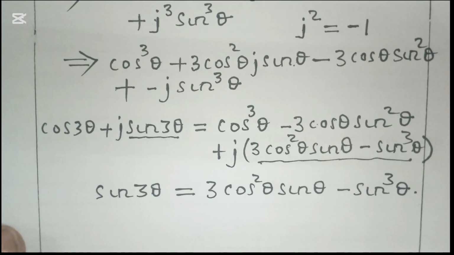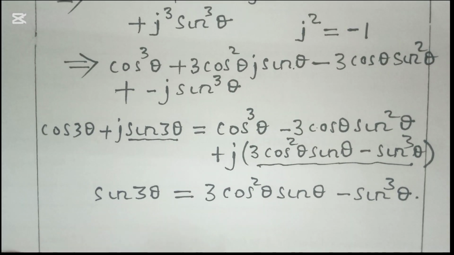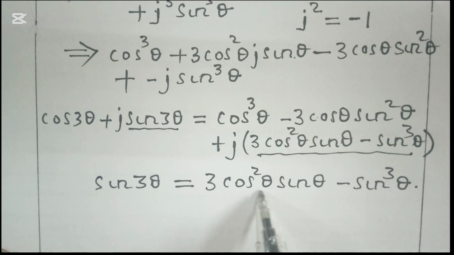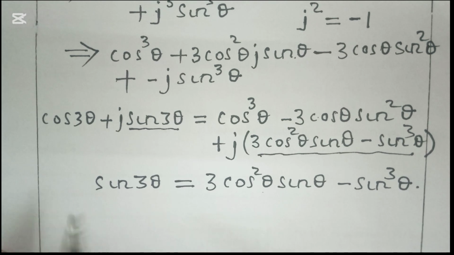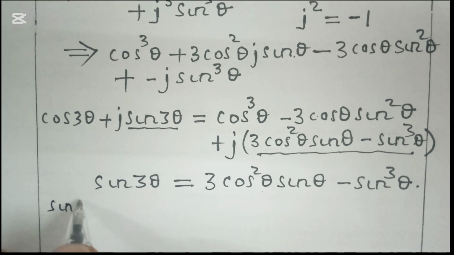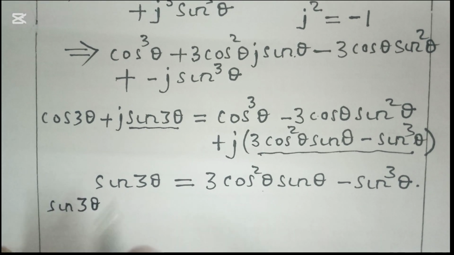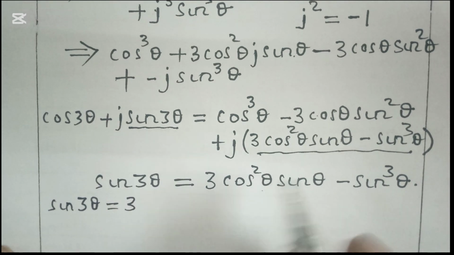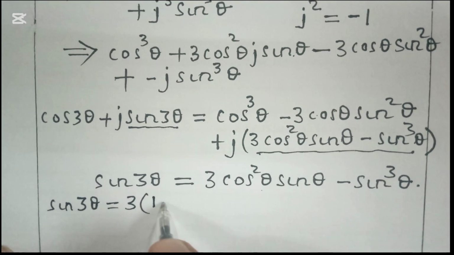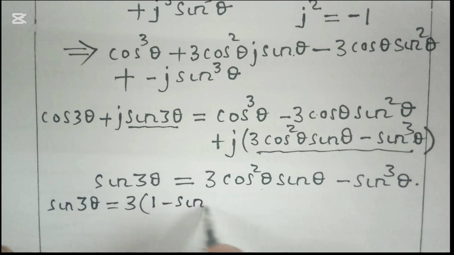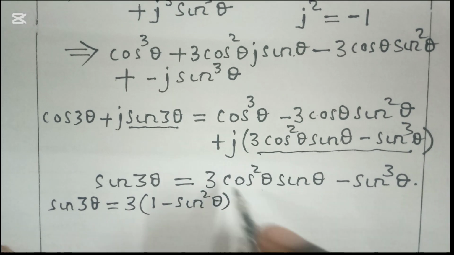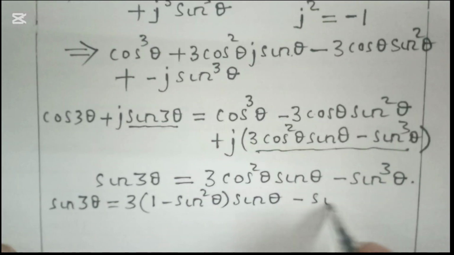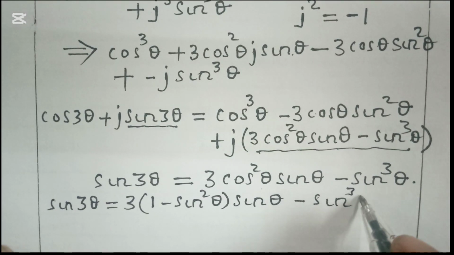I can now put this in terms of sine. Instead of cos squared theta, I will put 1 minus sine squared theta, then multiply by sine theta, minus sine cubed theta.